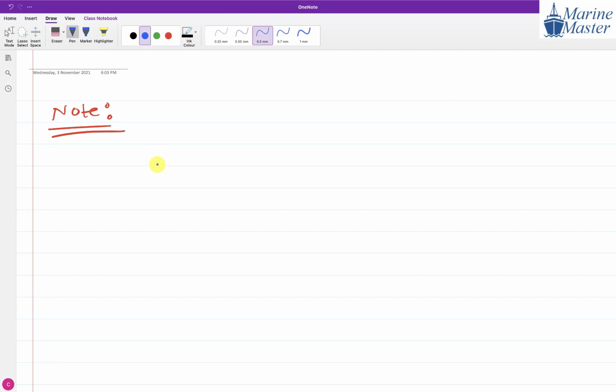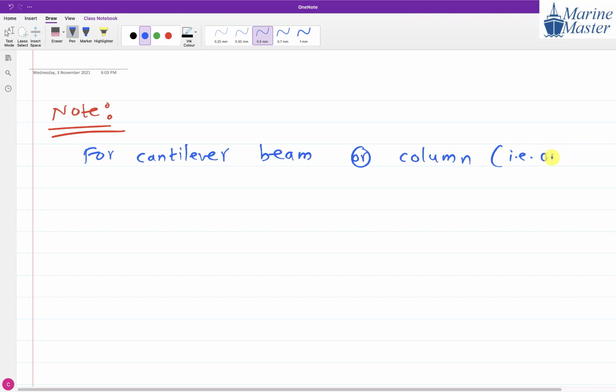Now, guys, for cantilever beam or column, that is, one end fixed and the other one is free.